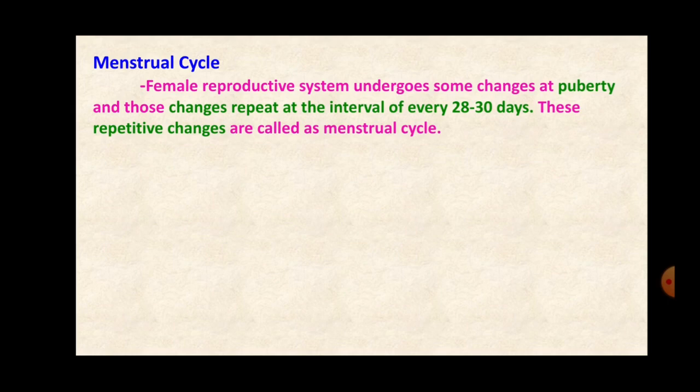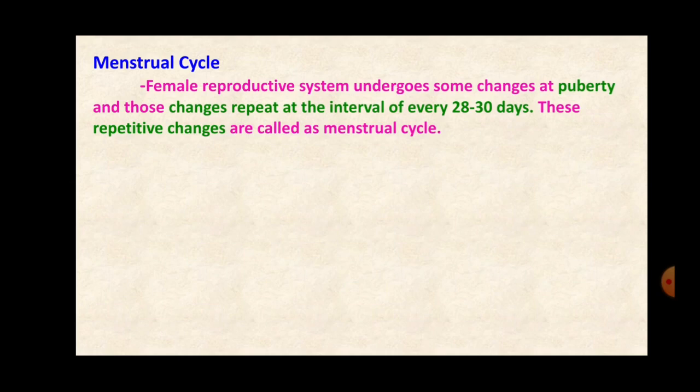So what happens is, there are changes that start taking place at puberty, and these changes are repetitive. It happens at an interval of every 28 to 30 days. So these repetitive changes that take place regularly are termed the menstrual cycle.